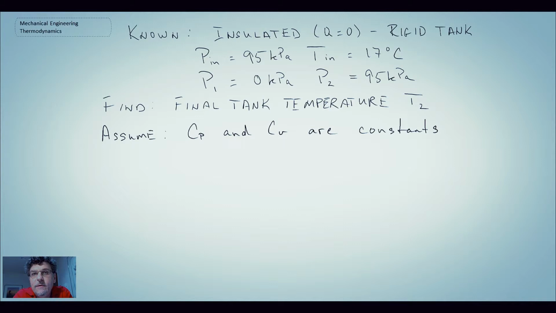So let's begin with the analysis. What we will be doing is dealing with the first law for open systems and unsteady flow, invoking the assumption of a uniform flow process.